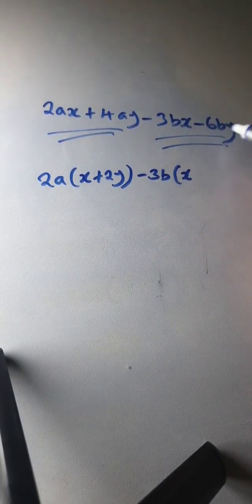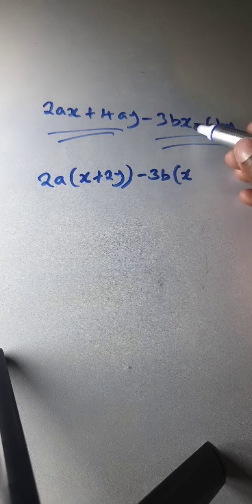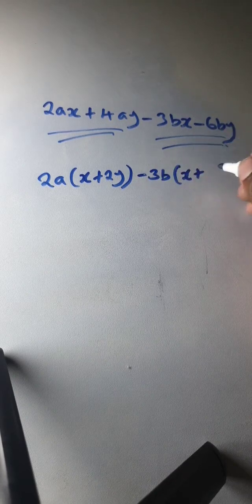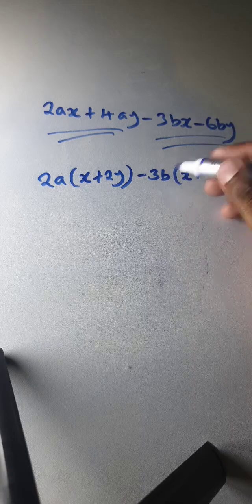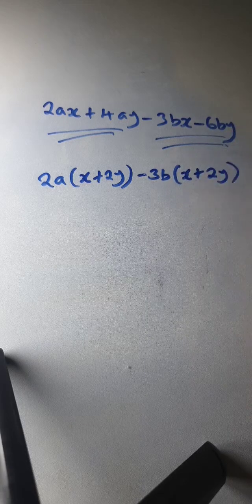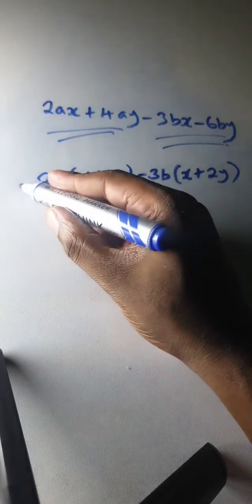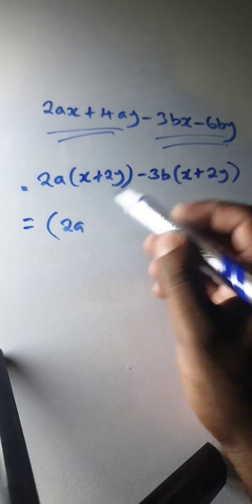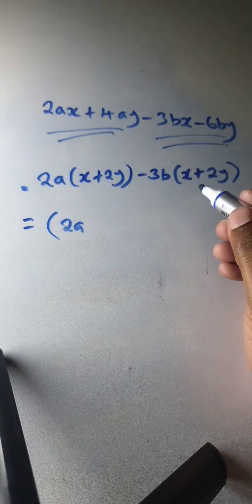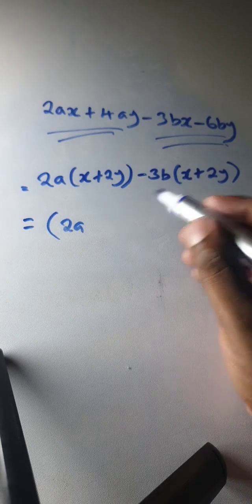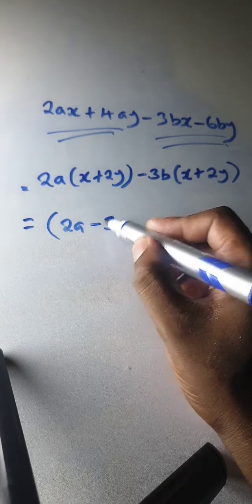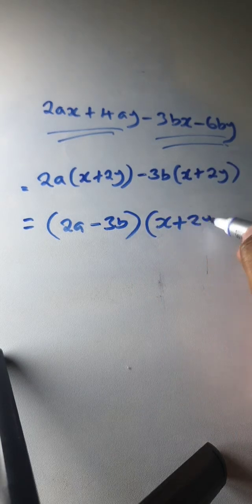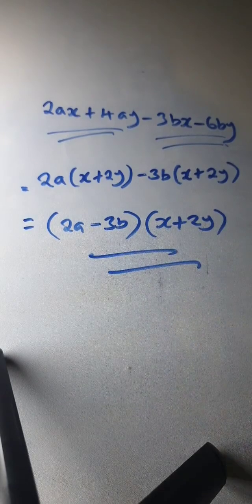So -6by divided by -3b: negative divided by negative is positive, 6 divided by 3 is 2, by divided by b is y. Now we can simply say those which are outside go in one bracket. Minus 3b, open bracket, x plus 2y. This is our answer.